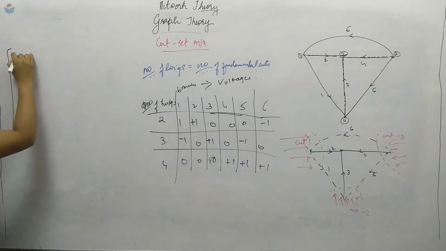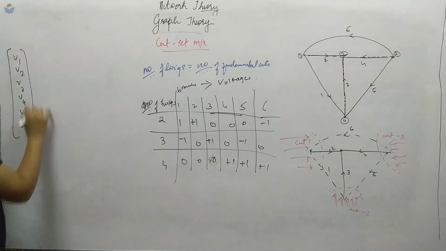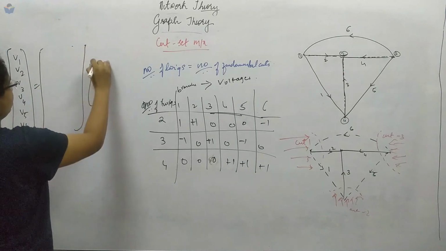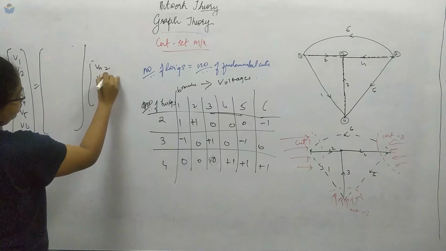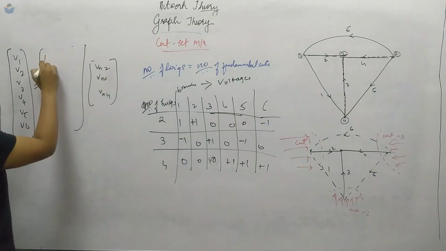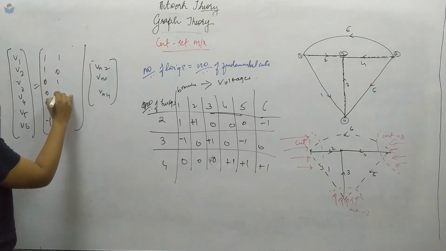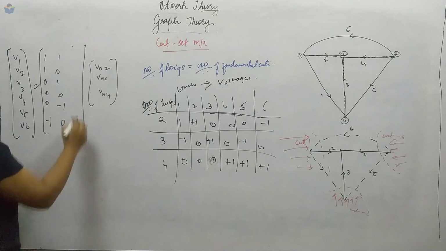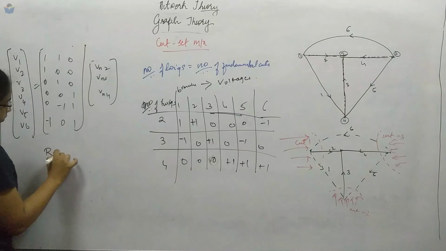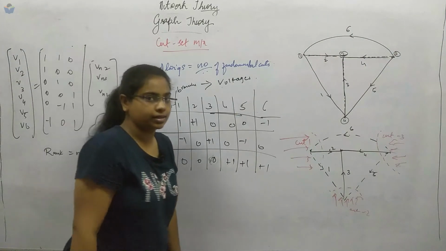Okay, so if I write here V1, V2, V3, V4, V5 and V6, this will be equal to Vn2, Vn3, Vn4 node voltages. Okay, so 1, 1, 0, 0, minus 1, 1, 0, 1, 0, minus 1, 0. So 0, 0, 0, 1, 1 and 1. Okay, and the rank will be equal to n minus 1. Fine, this is about the Cutset matrix.